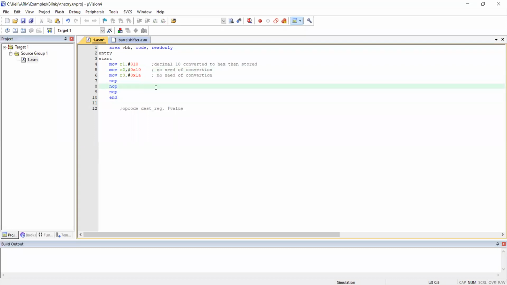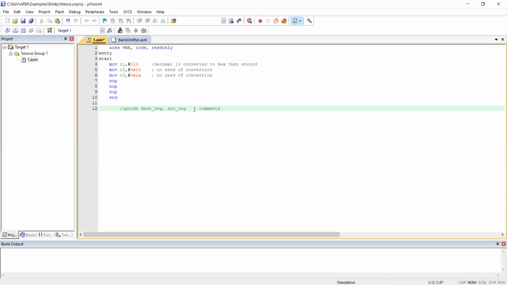What is the difference, and what are the special symbols we have come across when we don't have what we were expecting, source underscore register? Then we expected a semicolon, then some comments.